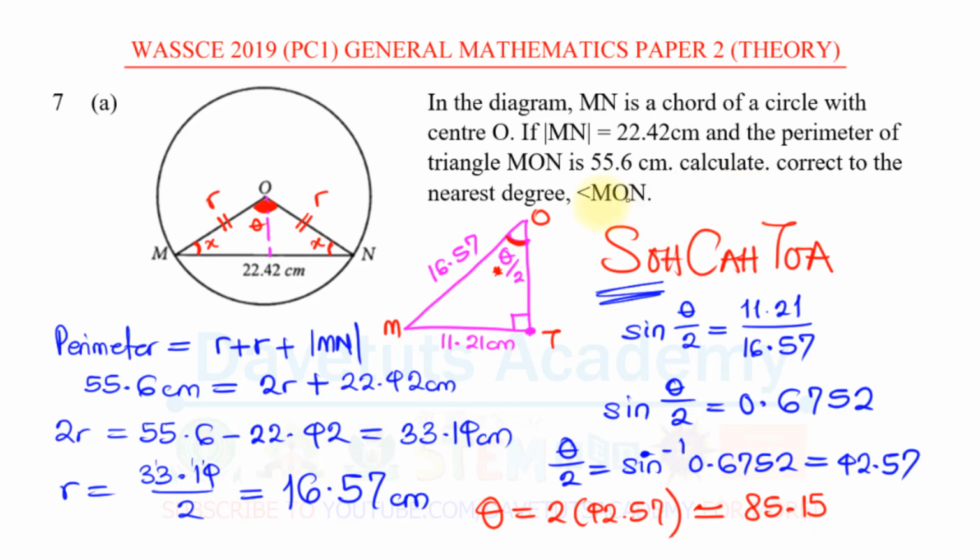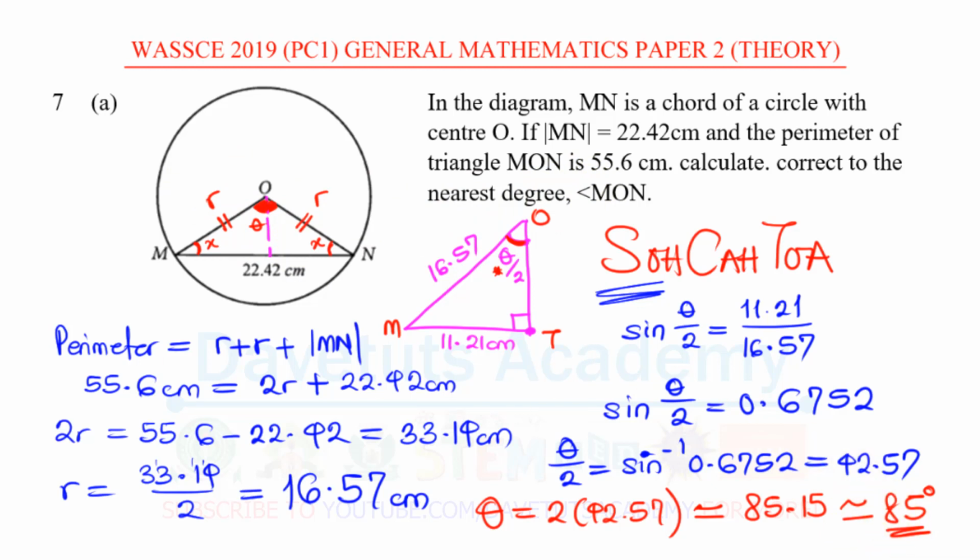But we are saying correct to the nearest degree, which means that is 85 degrees. So I love this type of question. The value of angle MON correct to the nearest degree is 85 degrees.